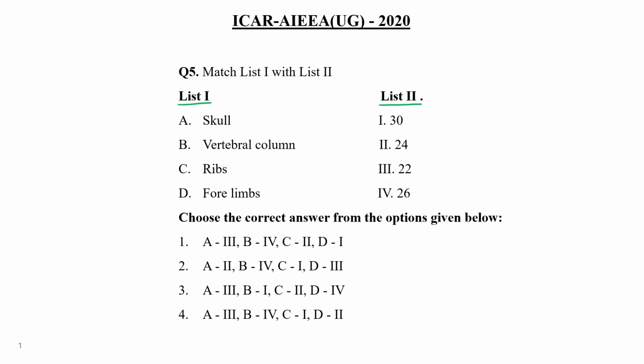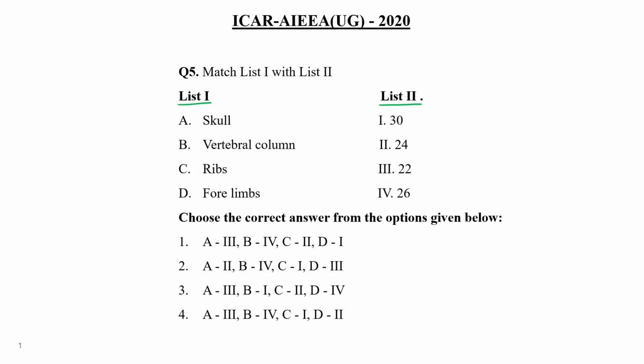Okay, so in our skull, how many bones are there in total? The total number of bones is 29, if we include both ears, where three tiny bones are present in each internal ear, right?